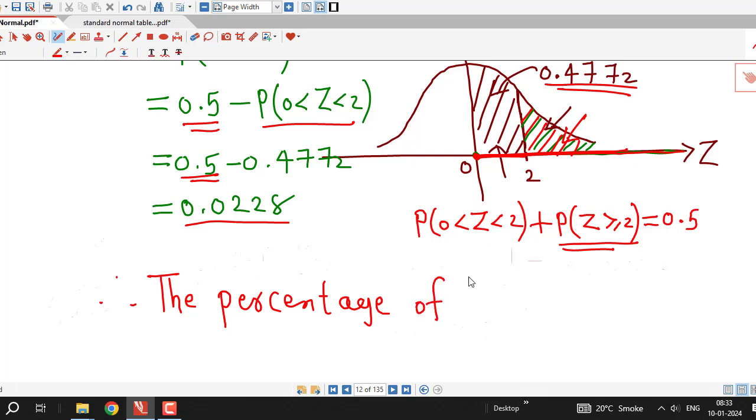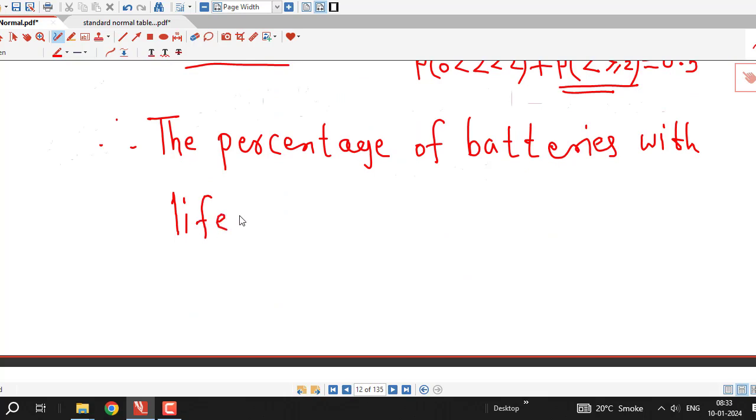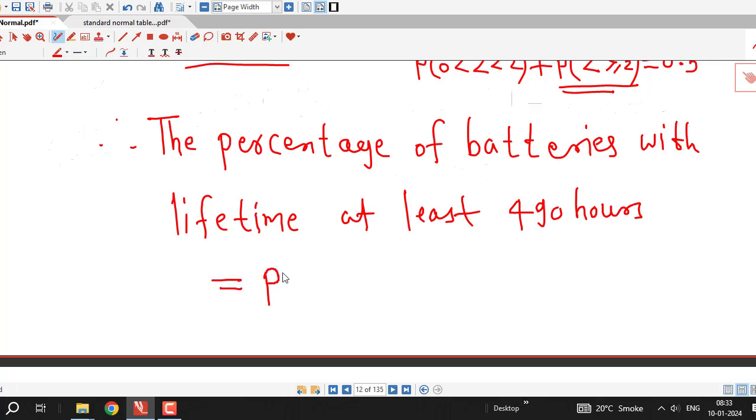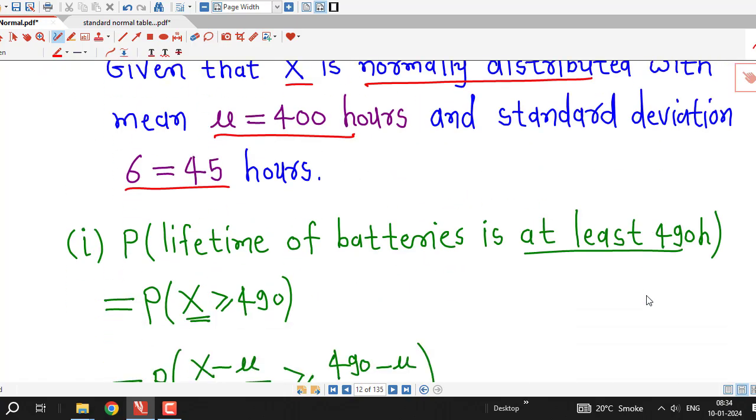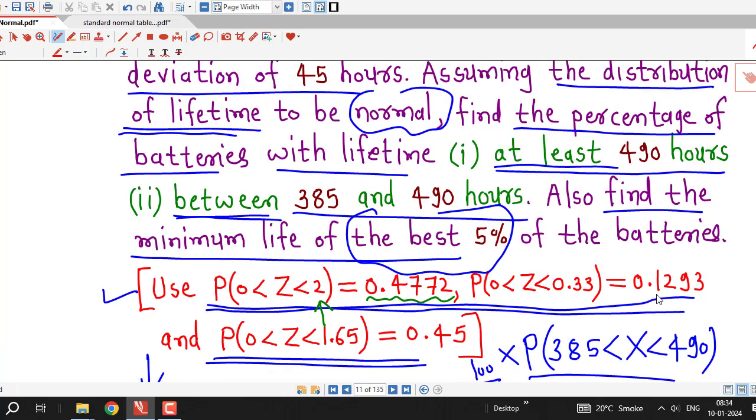Therefore, the percentage of batteries with lifetime at least 490 hours is equal to probability that capital X is greater than or equal to 490 hours into 100, and that turns out to be 2.28%.